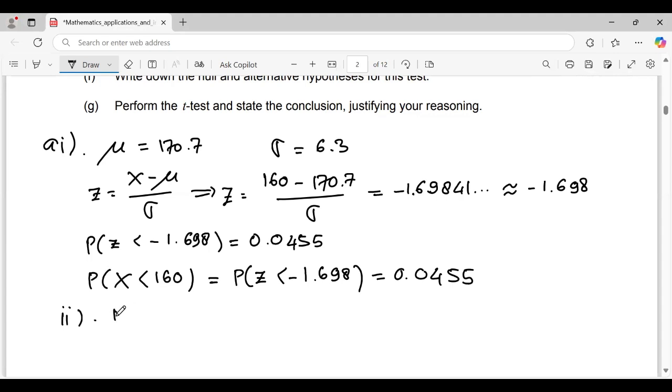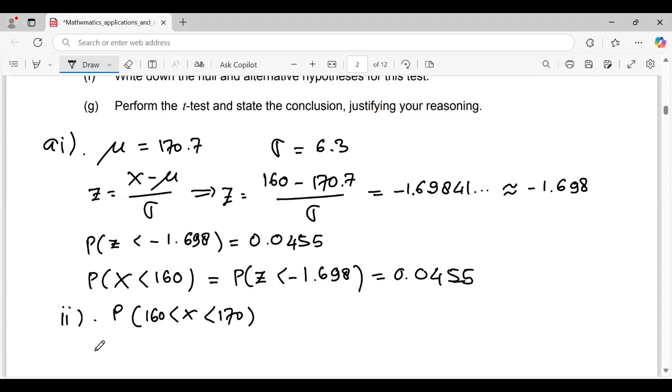Okay, to find probability x greater than 160, less than 170, we need to calculate the z-score for 160, and after that 170. But 160, we have calculated this one, the result.